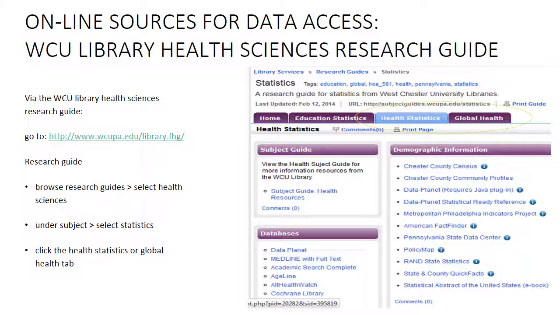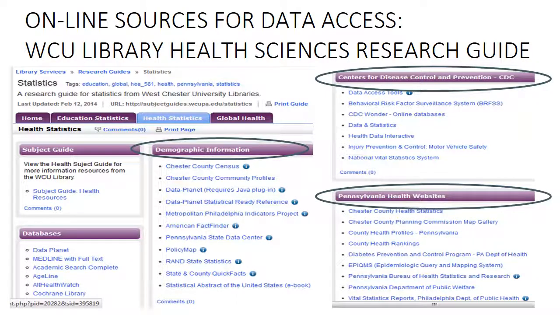Then they have a number of tabs. The Health Statistics and the Global Health tabs are what I've found to be most helpful in finding data or other resources for health and global health statistics for other projects and other classes. So if we're on the Health Statistics tab in that WCU Library Guide, you can look up demographic information for Chester County, for other metro affiliate areas.